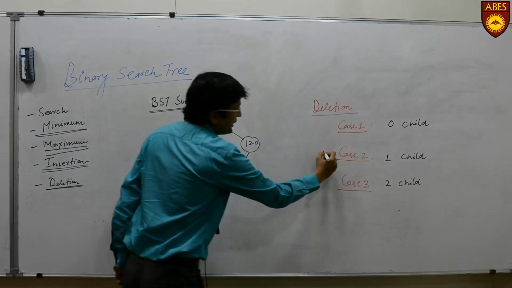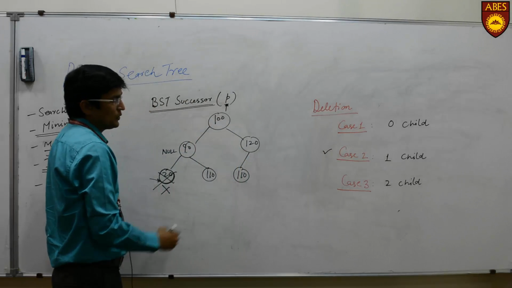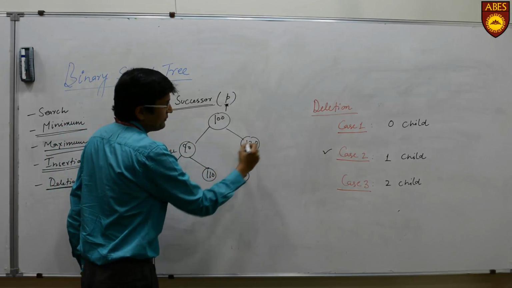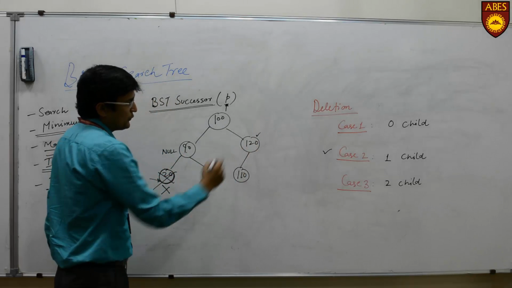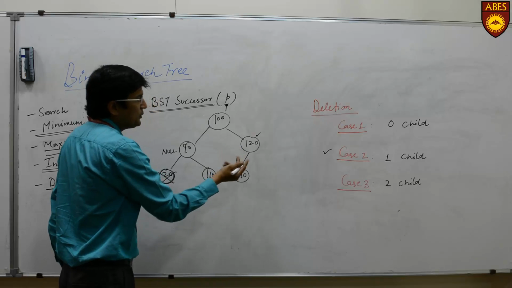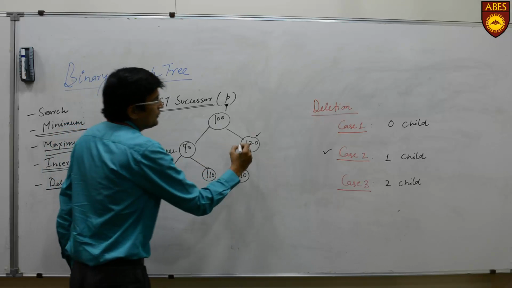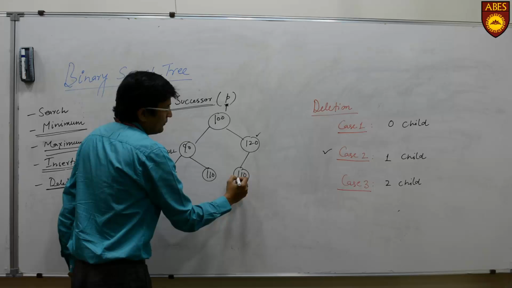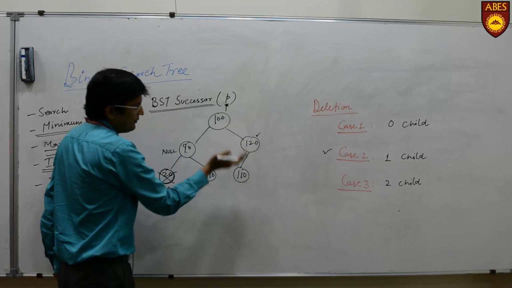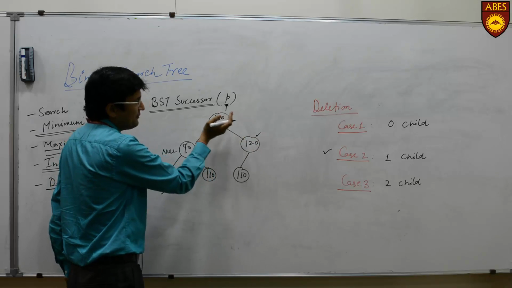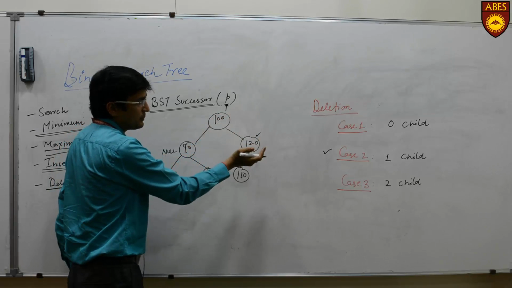Now this case 2 says that if we have only one child, so let's say this is the case where we have to delete 120. 120 has only one child. So for deletion of 120, we need to set two pointers. For deletion of this, we will bring this 110 at the position of this, and then we will have to find out if this 120 was left child of its parent or right child of its parent.